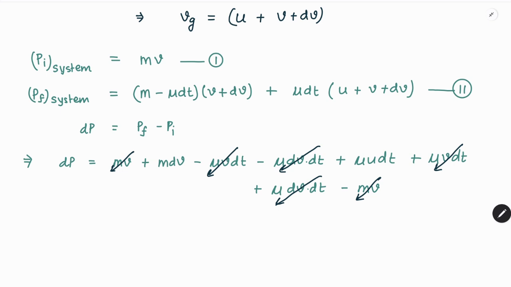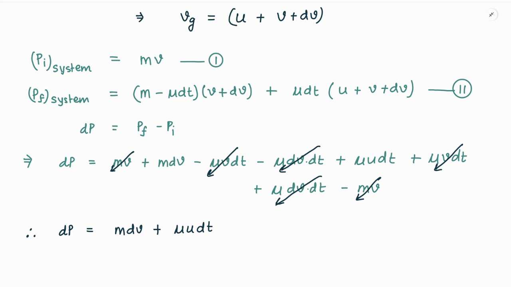So we are left with these two terms, m dv and mu u dt. Therefore the change in momentum dp is equal to m dv plus mu u dt.